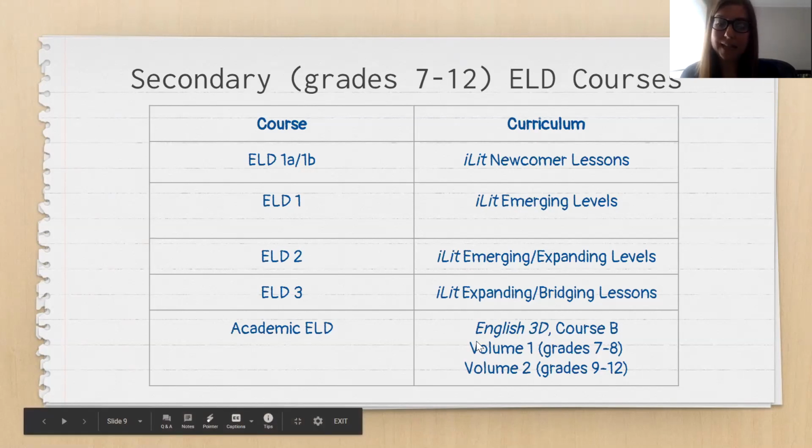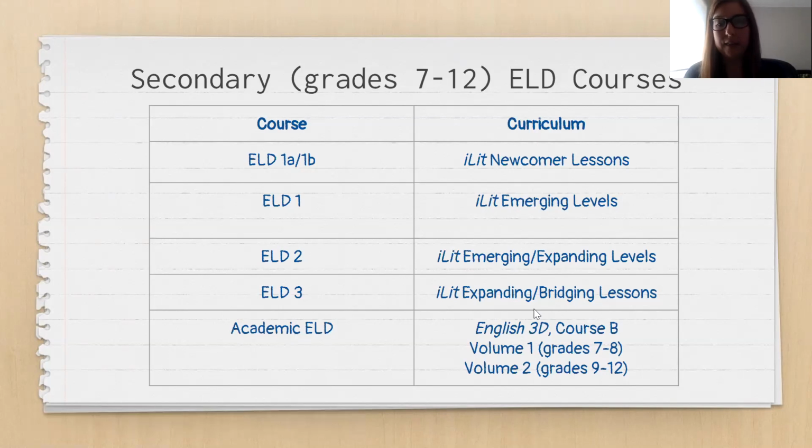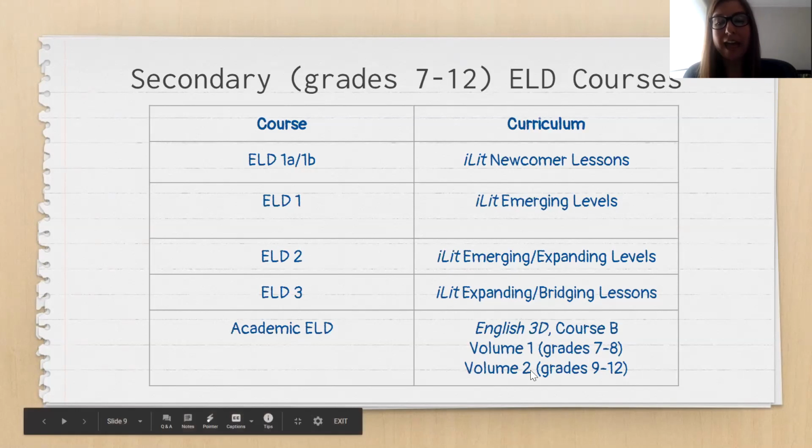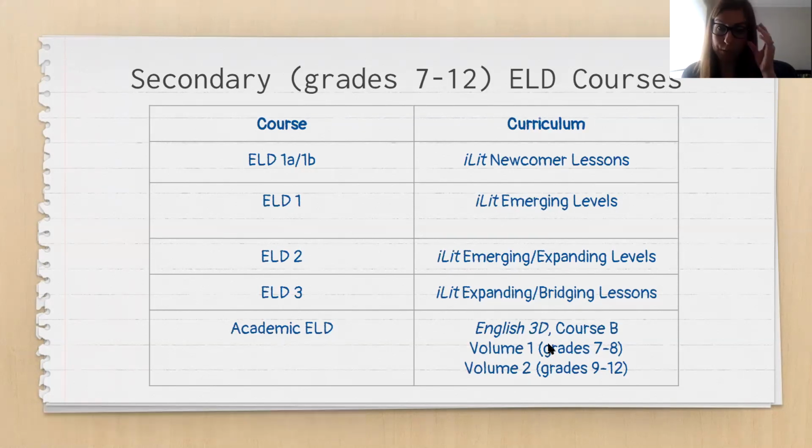If you have a 7th or 8th grader in Academic ELD, they would be enrolled in this class utilizing a curriculum called English 3D, Course B, Volume 1. If your child is in grades 9, 10, 11, or 12 enrolled in Academic ELD, your child will be enrolled in this course and utilize English 3D, Course B, Volume 2.